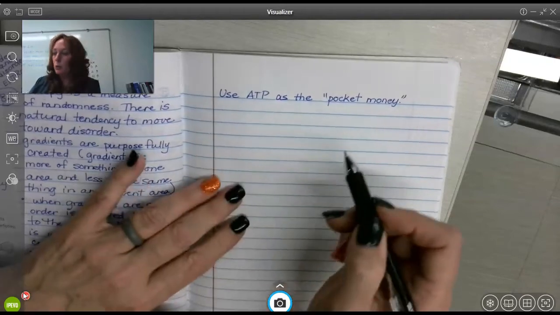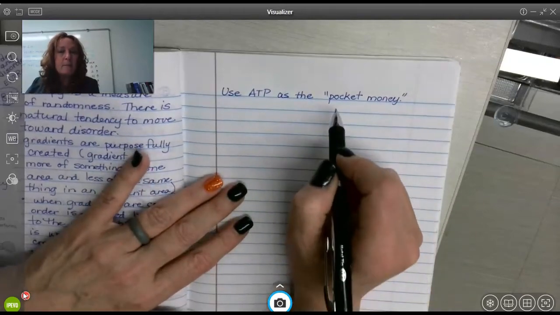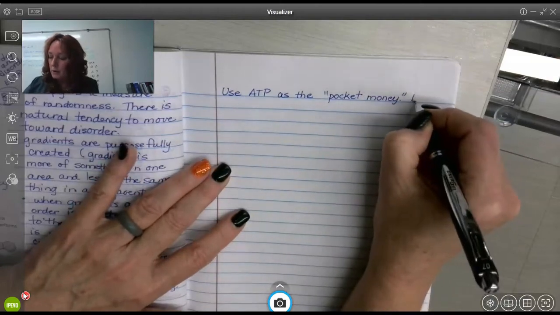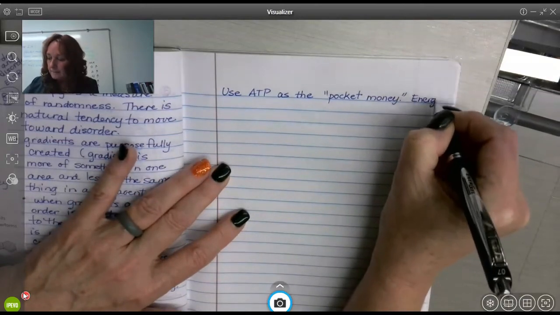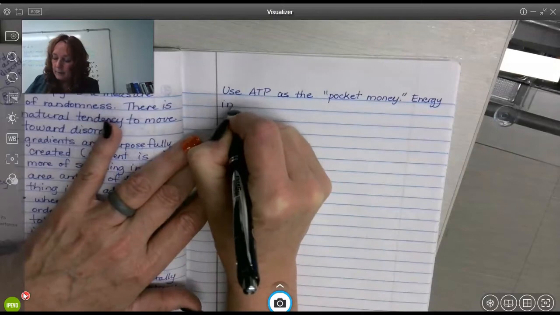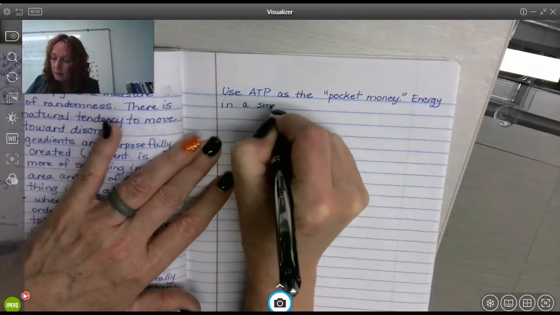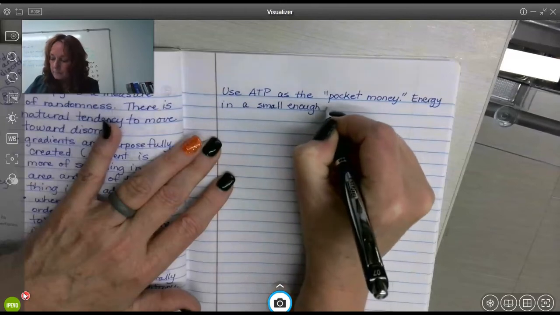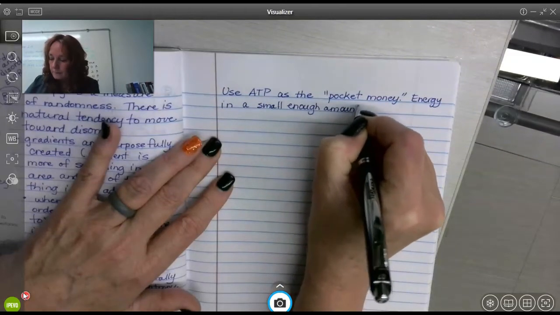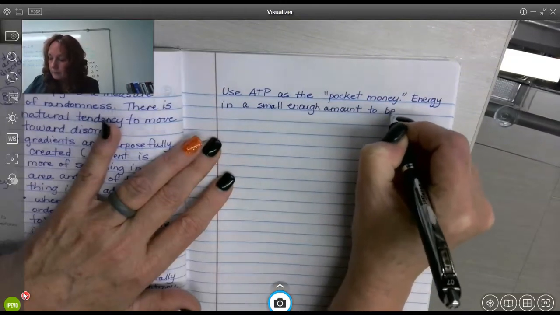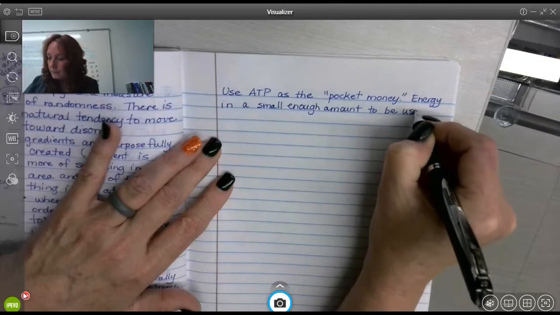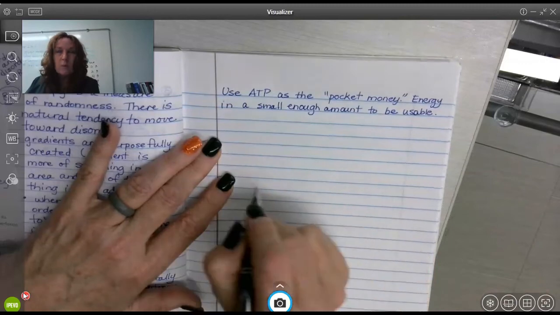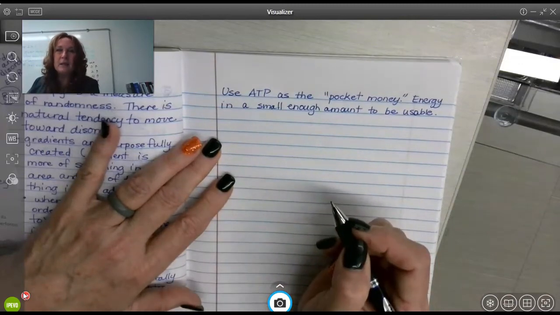So what you were doing is you were having money that was in a spendable, so let's put this here. So this would be energy in a small enough amount to be usable. I don't want to go and have to make a decision.